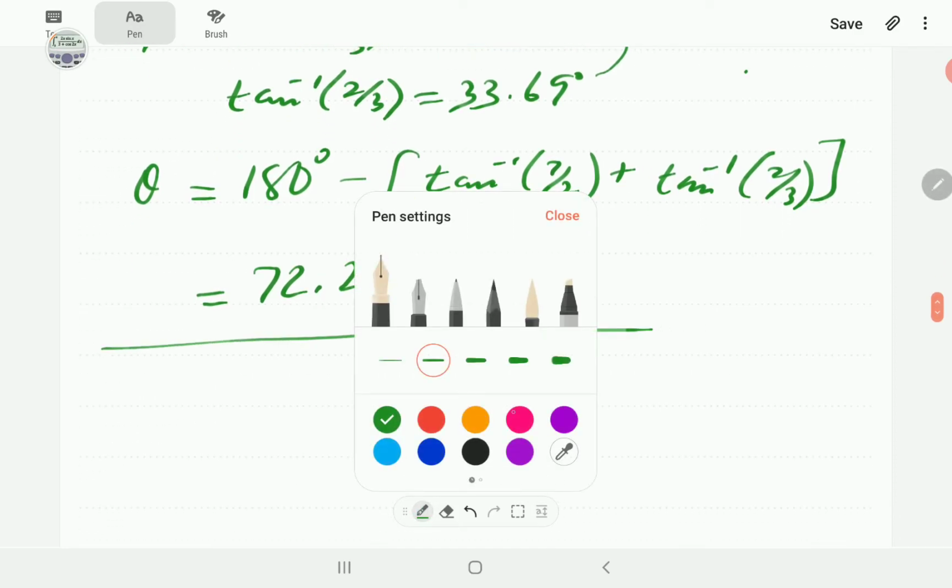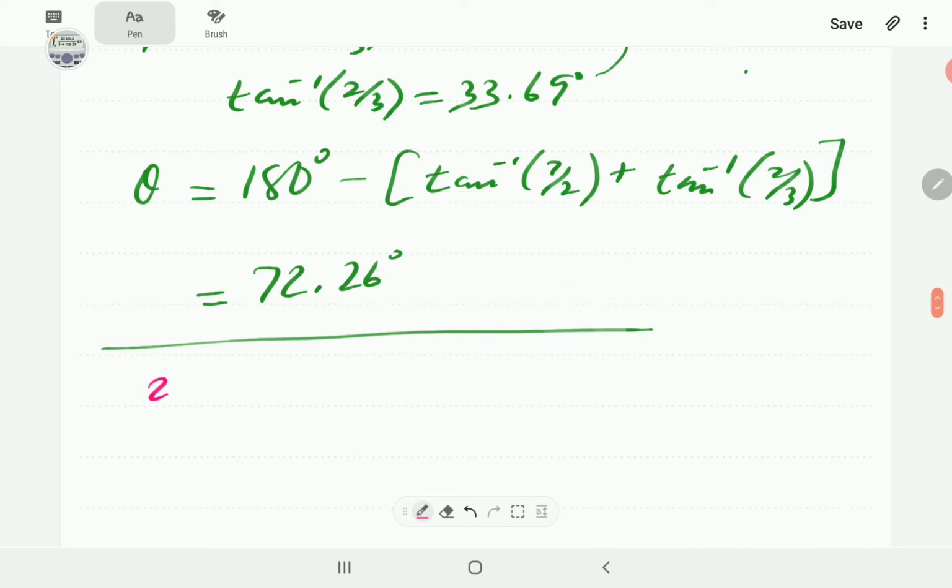Our two equations are 2x plus 3y equals 11, 7x minus 2y equals 1. We're going to multiply the first by 2 and the second by 3.